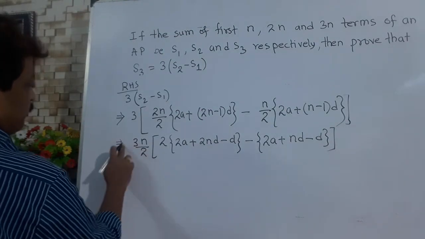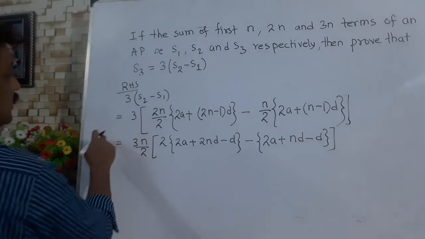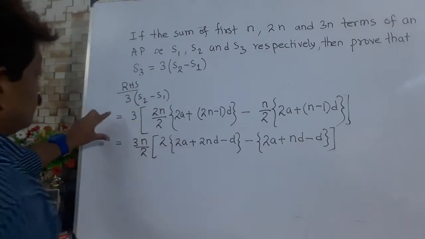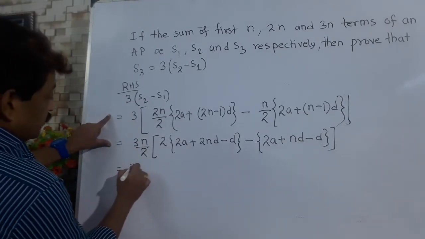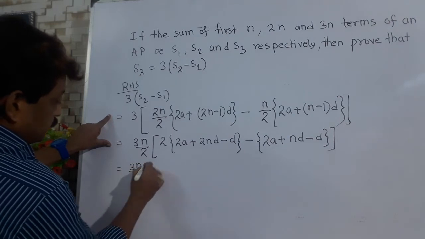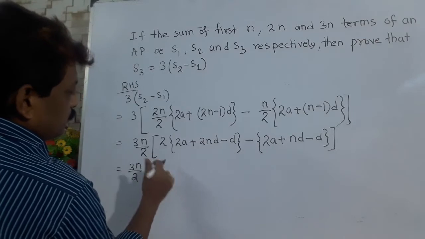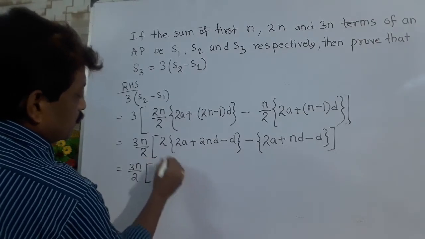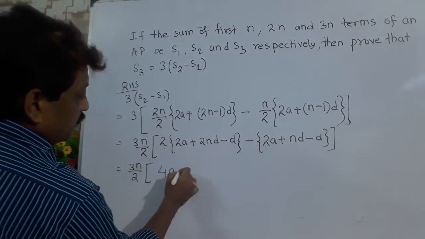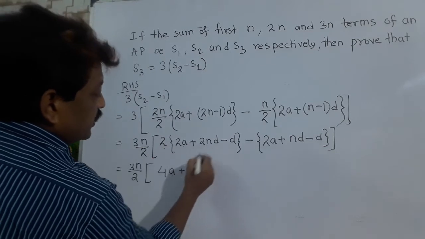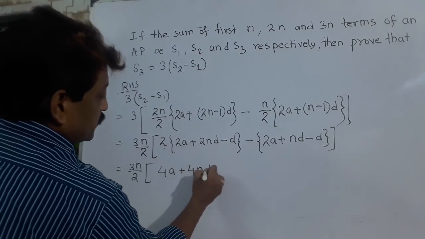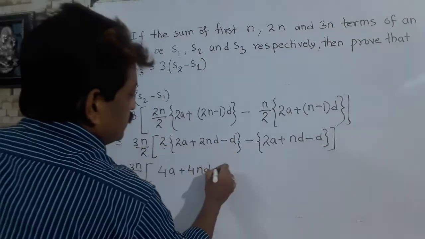So actually I am finding this right hand side, so there will be an equals sign. So 3n by 2. Now I have to multiply the whole thing with 2, so it will be 4a, 2 multiplied with 2a is 4a, plus 2 multiplied with 2nd is 4nd, 2 multiplied with minus d is minus 2d.